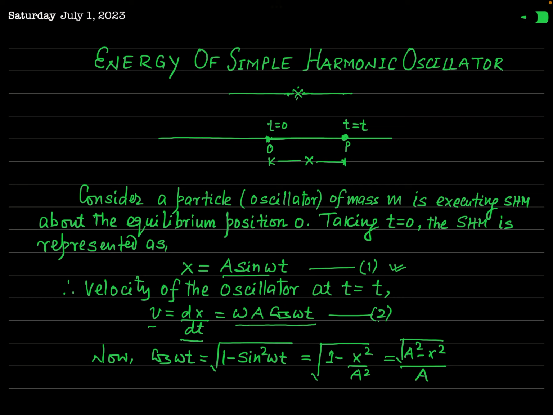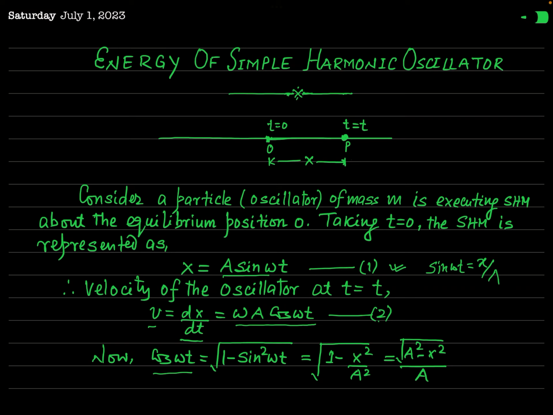Now, you can express this velocity as a function of x, and for this you have to eliminate cos omega t in terms of x, and for this you can use equation 1. As you can see from equation 1, sine omega t in terms of x is equal to x over a.